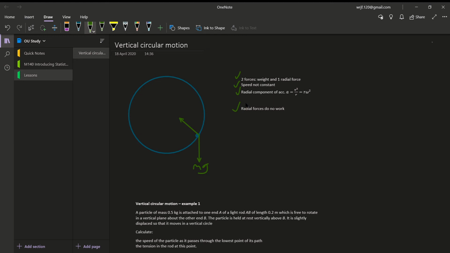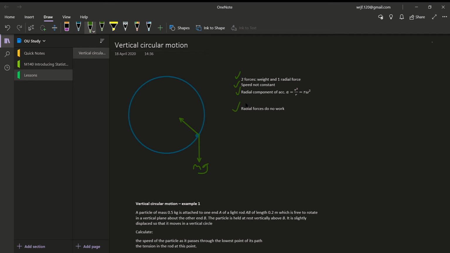We can just equate changes in gravitational potential energy and changes in kinetic energy, equal and opposite. So we will have either a gain in kinetic energy as the object goes down the circle and loses height, and therefore a loss of gravitational potential energy, or the other way around.